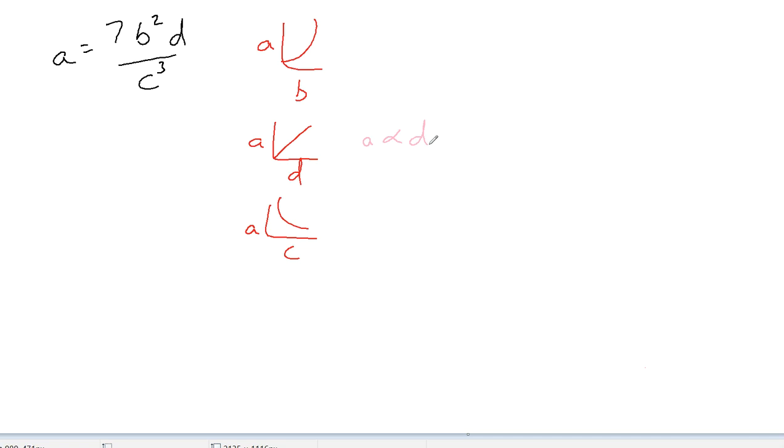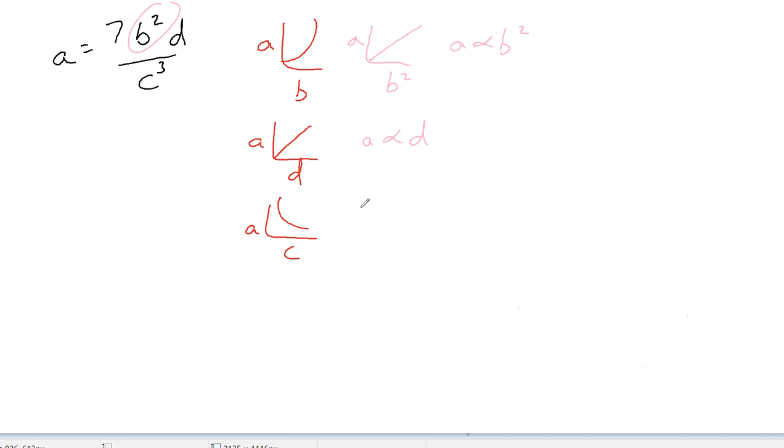A versus B isn't going to work. But if I graph A versus B squared, taking the entire nature of it, it would give me a straight line. So that tells me A is directly proportional to B squared. Same thing for this. A versus C doesn't work at all.